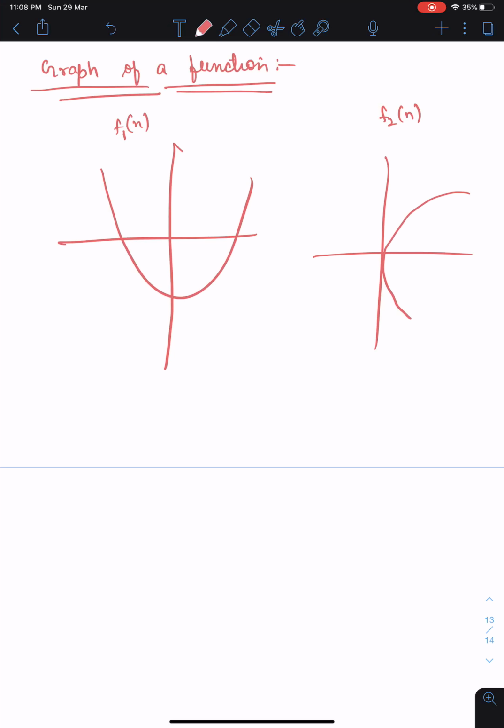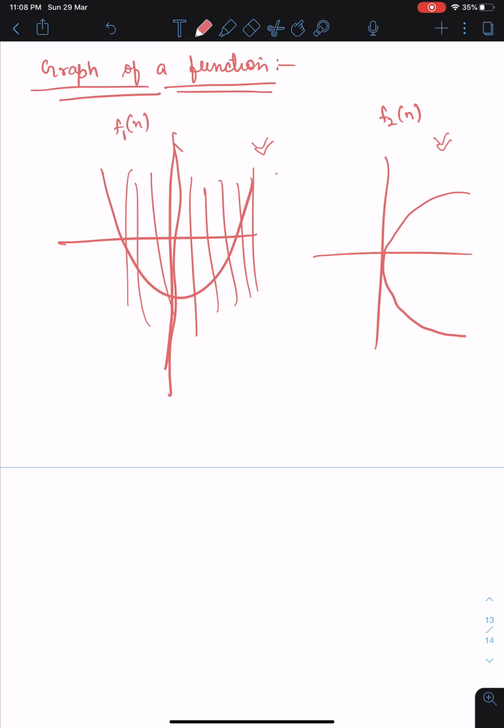Now if you want to understand whether either of these is a function or not, you just have to look at the vertical line. When you draw a vertical line through the graph, there should be only one intersection point.